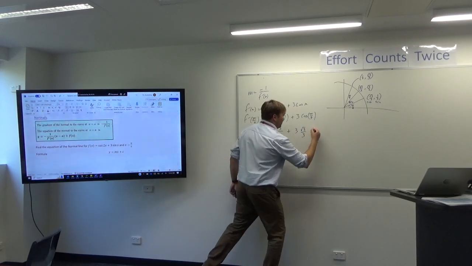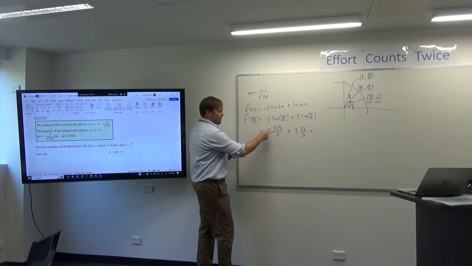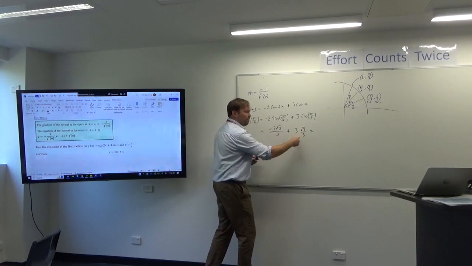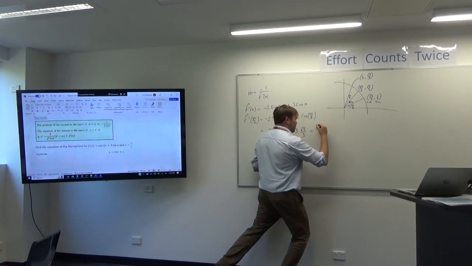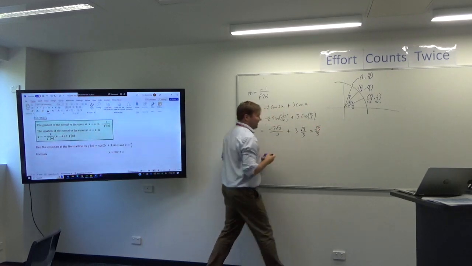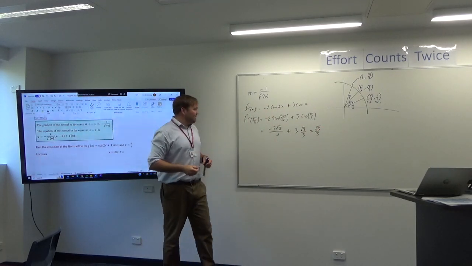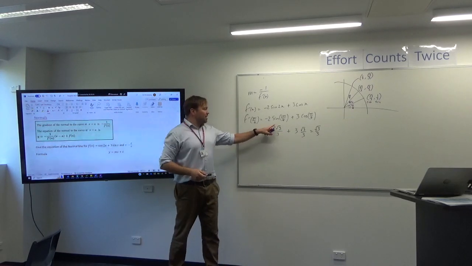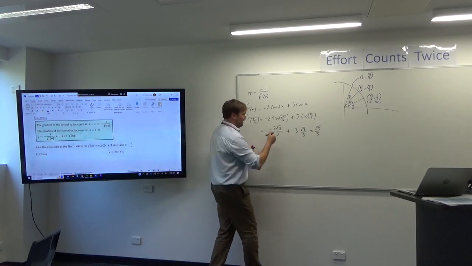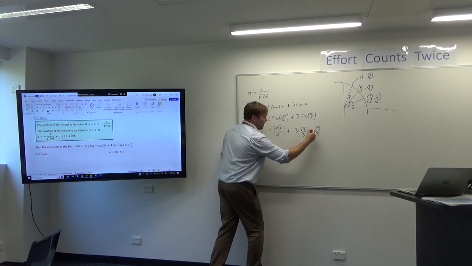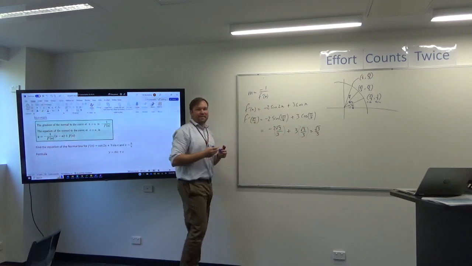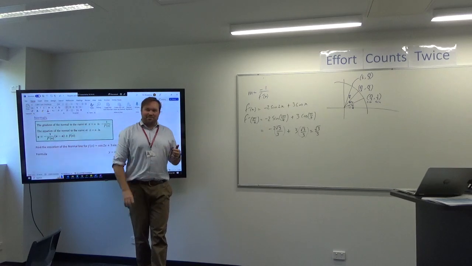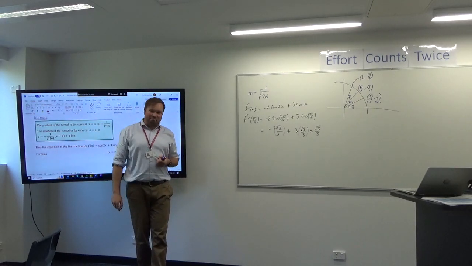Now, this is minus 2 root 3 on 3 plus 3 root 3 on 3. Are you happy that's just 1 lot of root 3 on 3? Minus 2 lots of this thing plus 3 lots of that thing is 1 lot of it. It's not pretty, but that's it.